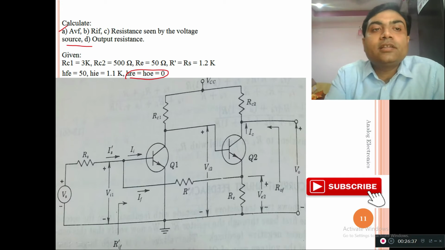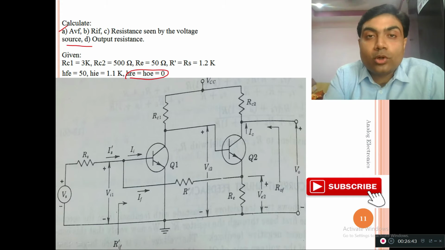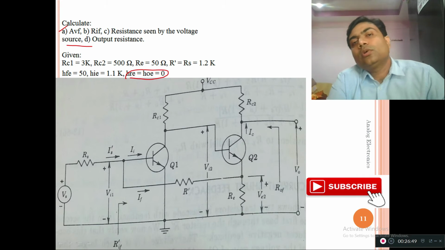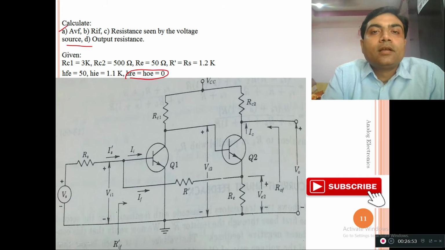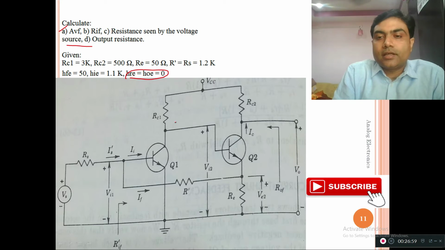Just by reading it you might predict that we have the voltage series topology or voltage amplifier because AVF is given. This is not the case. You have to determine the topology every time you come across a circuit. So let us start the calculation.